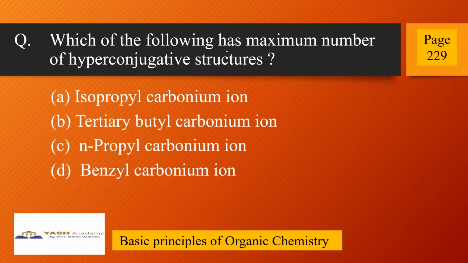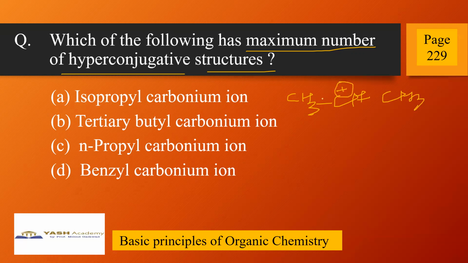Next, which of the following has maximum number of hyperconjugative structures? This question is from Basic Principles of Organic Chemistry, page 229. Isopropyl carbonium ion, CH3, and the central carbon atom has a positive charge.